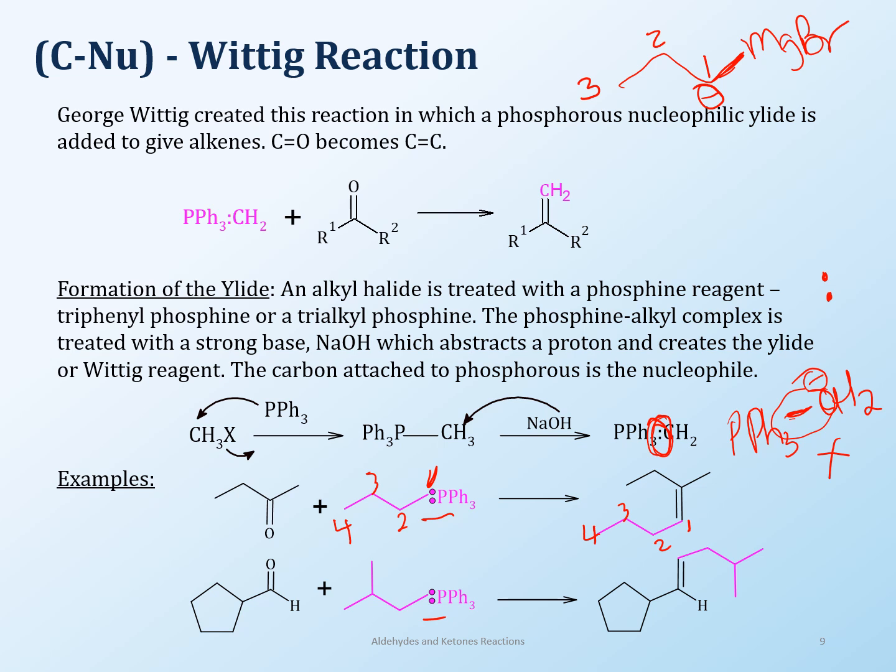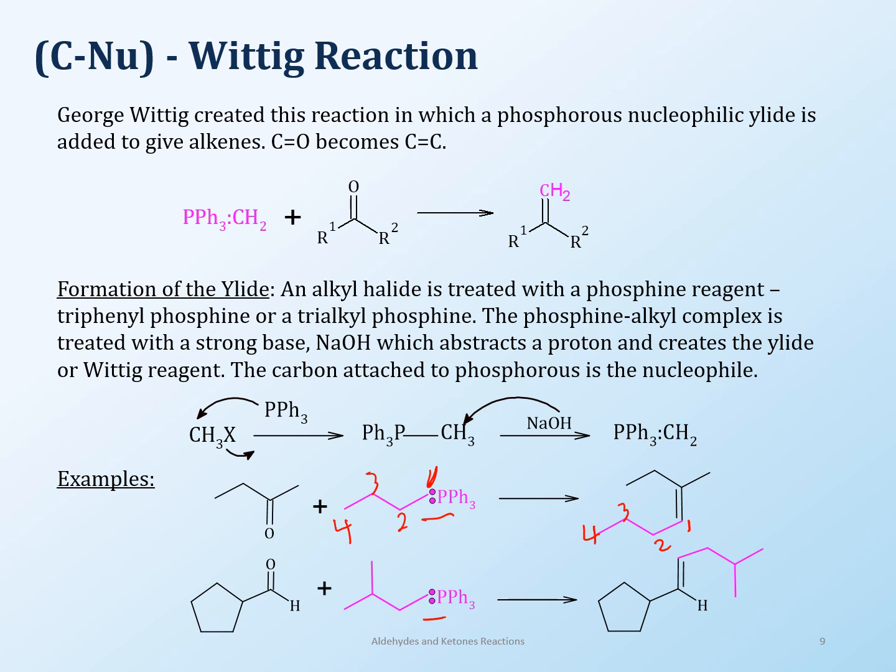I am not opposed to numbering your carbons. I always encourage that you number your carbons, because then you make sure that you don't lose any carbon in the reaction. So here also 1, 2, 3, 4, and then 1, 2, 3, 4. Number your carbons so you know that you've attached the right number of carbons from your reagent.